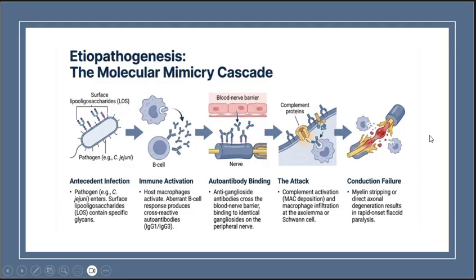Etiopathogenesis. Once the pathogen enters the body, the lipopolysaccharides which contain the glycan activate the immune system, where the B cell and T cell are activated.